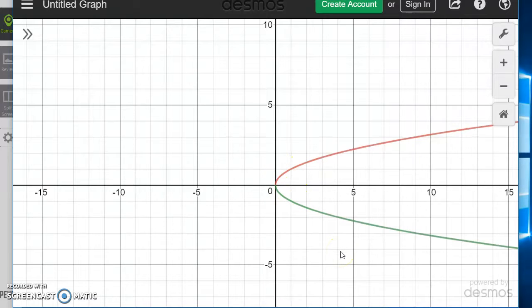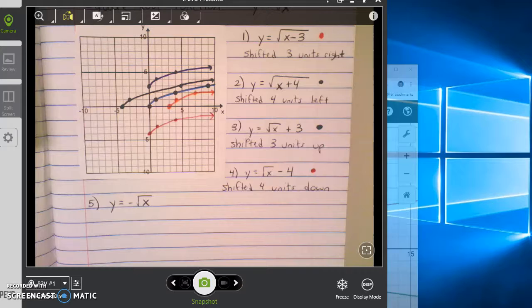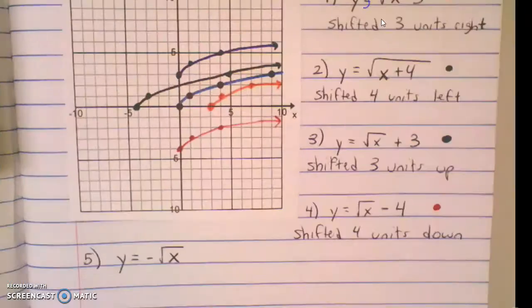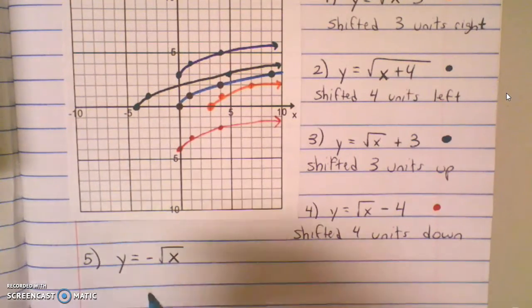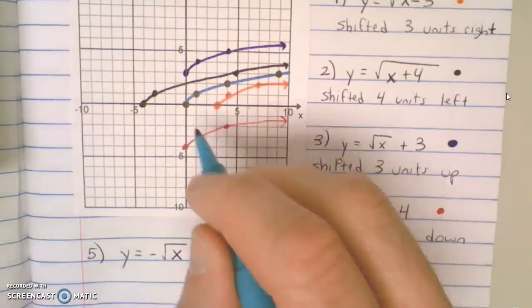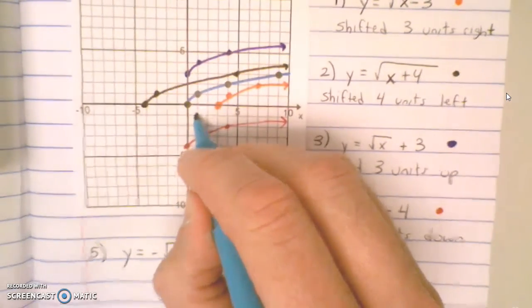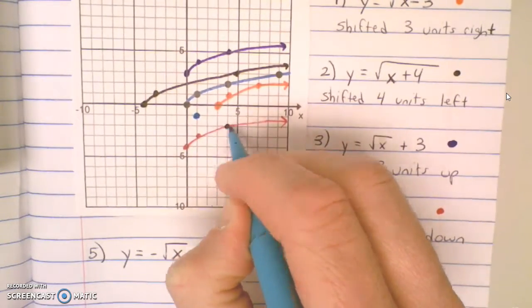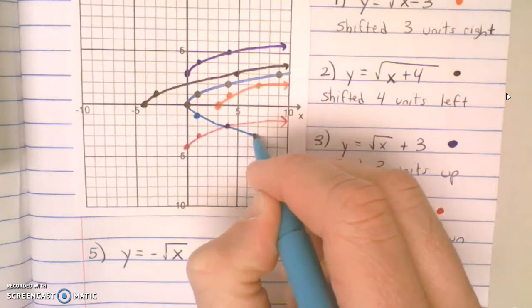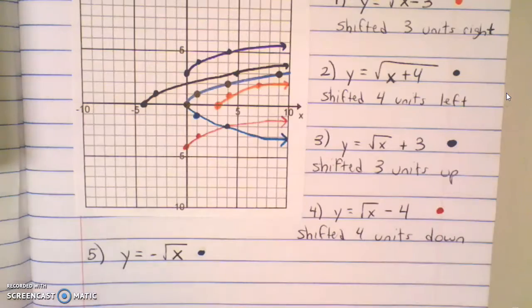So I'm going to use a different color to graph on my sheet, and then we can describe the transformation there. Use this light blue. And that flipped it over the x-axis.